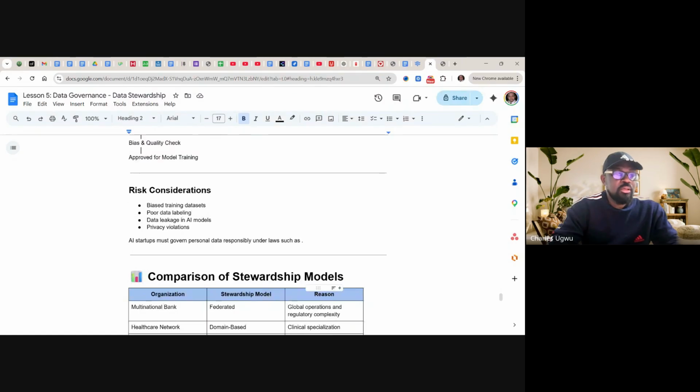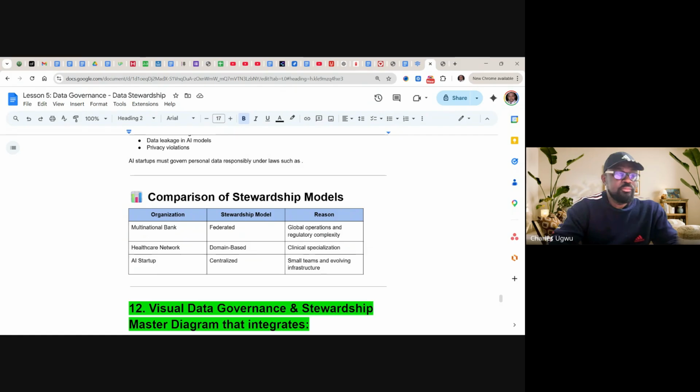And then the comparison of data stewardship models. Here, for a multinational bank, we use federated because of global operation and regulatory complexity.